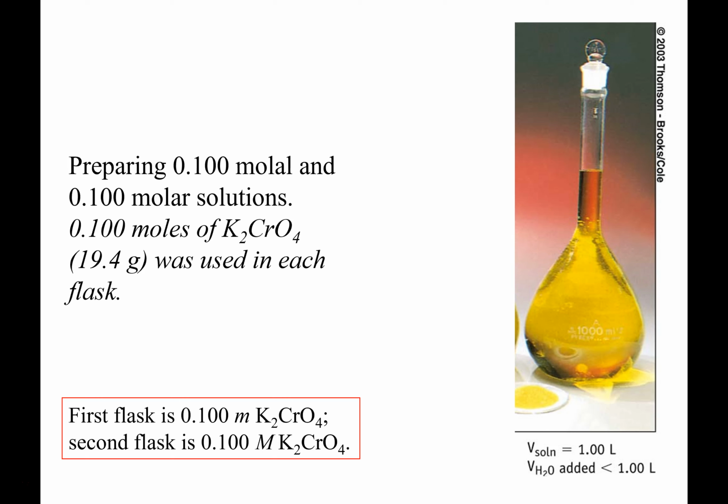They took the solid, the 19.4 grams, and diluted it with water, made sure it mixed and everything, removed the stir bar, and then put it up to the line. There's the line up there. So this is a volumetric flask. It has a capacity of 1 liter. So 0.1 moles of K2CrO4 brought up to a final solution volume of 1.00 liters gave you 0.1 molar.